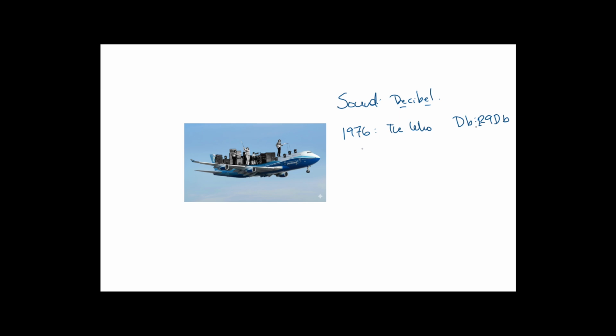So 129 decibels. Let's compare that to a 747 taking off, and that's 102 to 103 decibels. So you could be thinking, well, The Who is 27 decibels louder than a 747. Not quite.